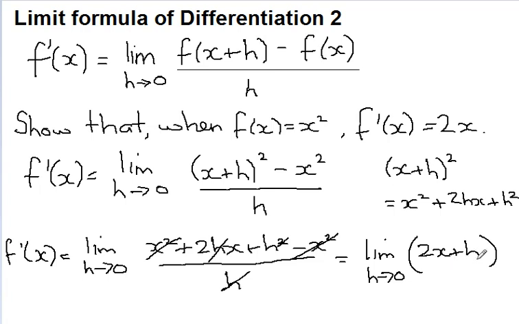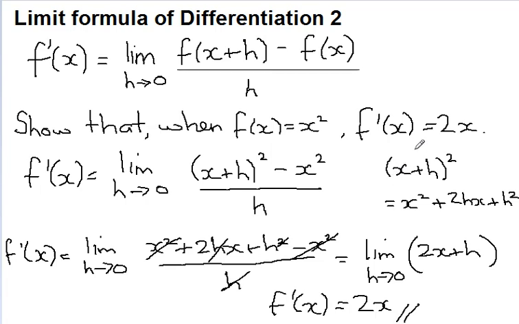And when h gets really, really close to 0, we're only going to be left with this part here, the 2x. The h is just going to become nothing. So we're left with f dash x, the gradient function, is equal to 2x. So that proves for us that when f of x is x squared, the gradient function is 2x.